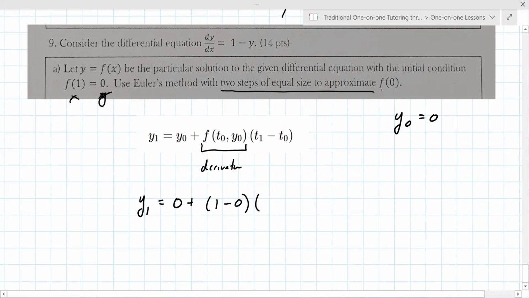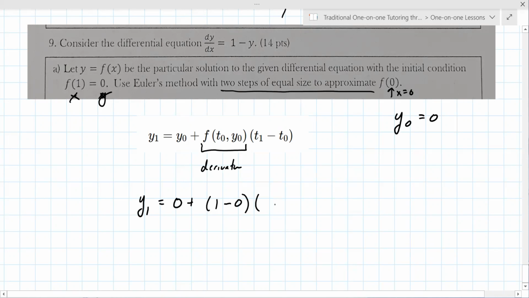Oh, this is going backwards. That's interesting. So your equal step sizes. Here, this is x equals 0, and you're given x equals 1. So your step size is going to be 0.5, except you're going backwards, which is odd. You almost never do that.